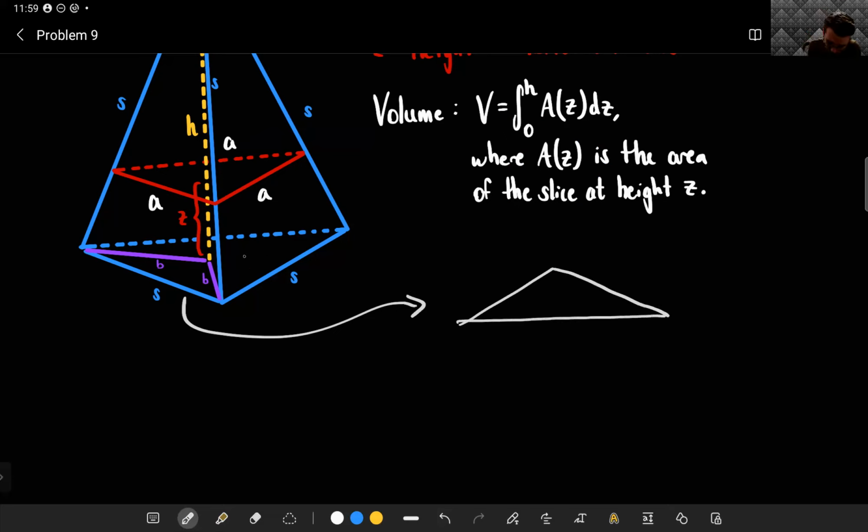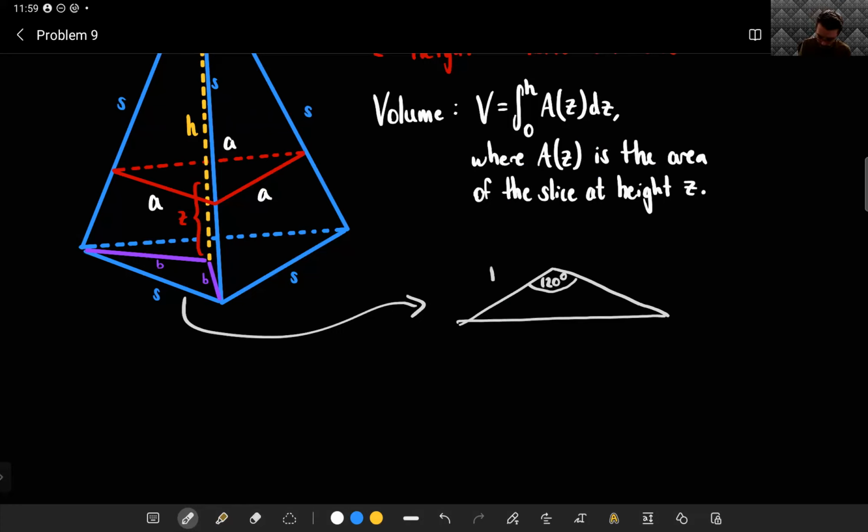What you'll notice is this is trisecting the base of the tetrahedron into three similar triangles. Since it's trisecting it, you know automatically this is a 120-degree angle, 360 divided by 3. So the others have to be 30 degrees.